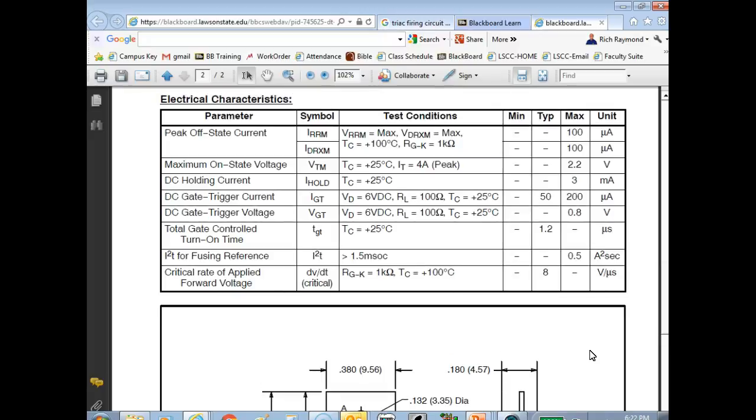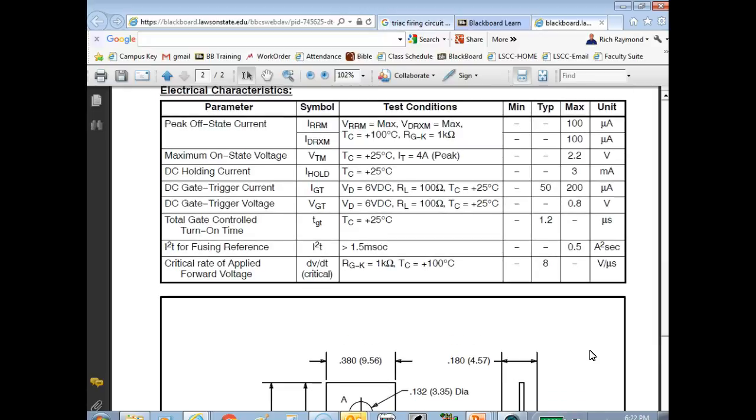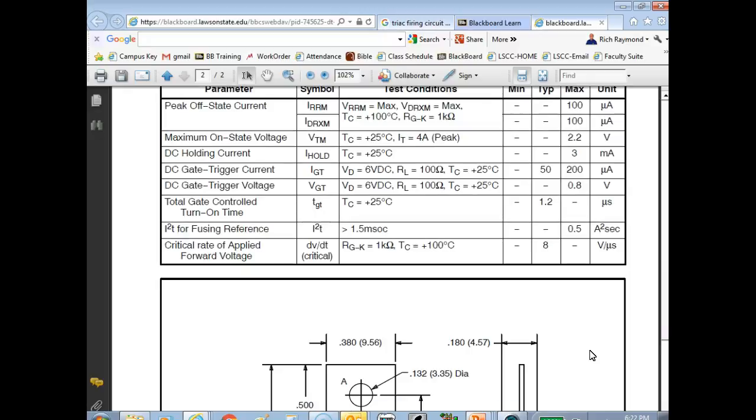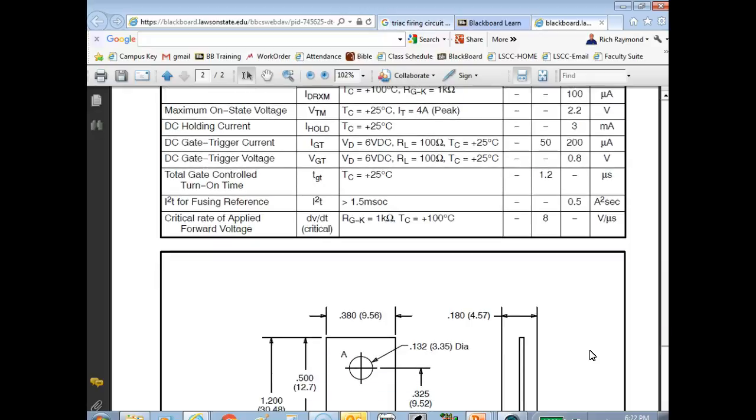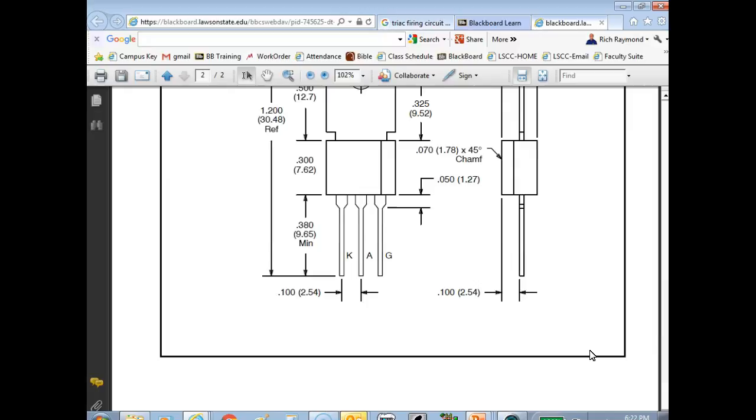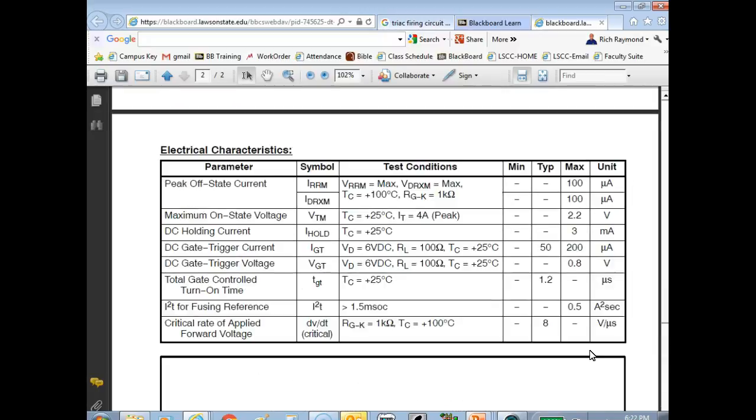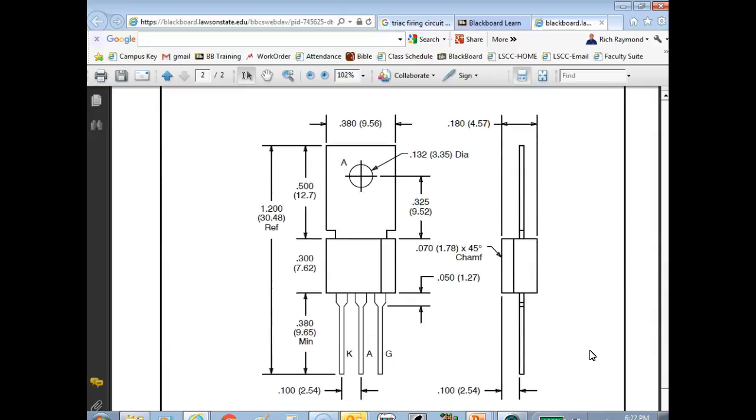Peak off-state current, maximum off-state voltage, gate trigger current, gate trigger voltage, total turn on. And this is the pin out: cathode, anode, gate.